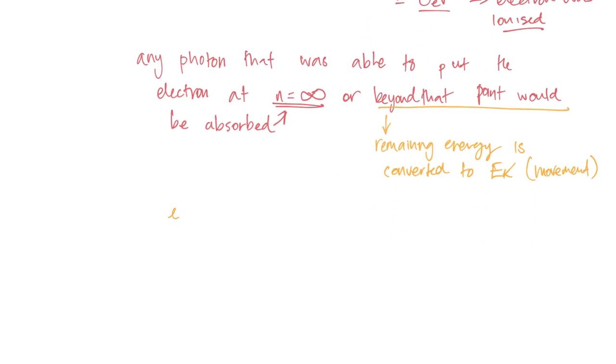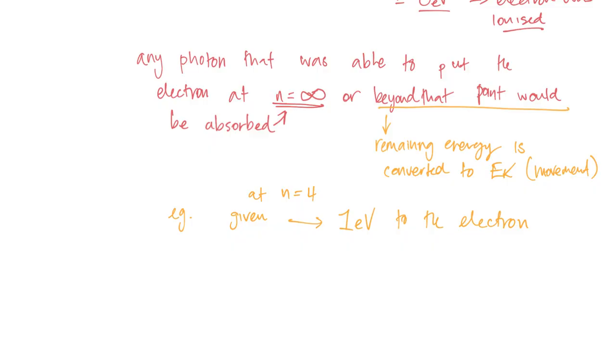For example, let's say I was given at this point, at n is equal to 4, 1 electron volt to the electron.